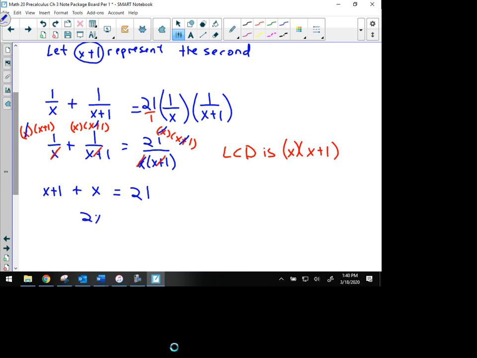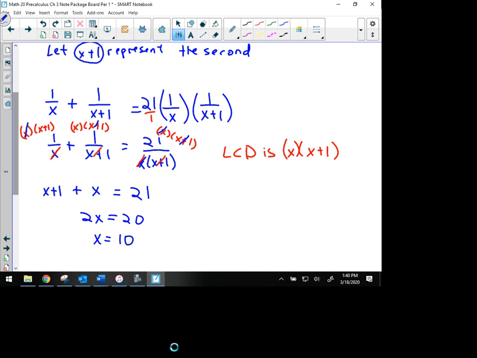So 2x on the left side, once we combine like terms, we bring the 1 over to the other side by subtracting it. So 2x equals 20, and then we divide both sides by 2, x equals 10. So the solution to our equation is 10, but it may not be the answer to our question.